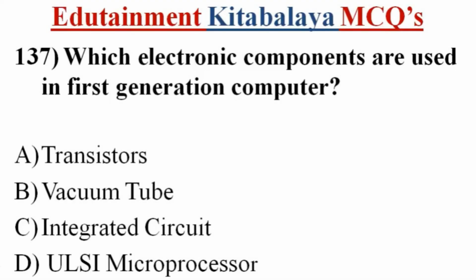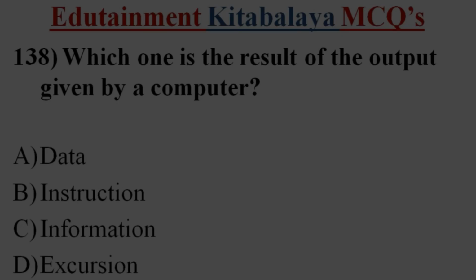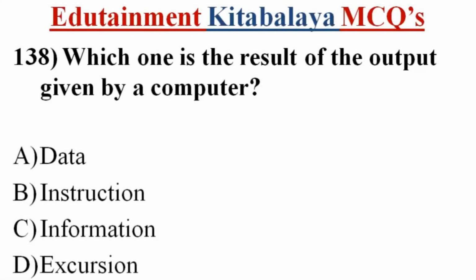Question number 137. Which electronic components are used in first-generation computer? A. Transistors. B. Vacuum tube. C. Integrated circuit. D. ULC microprocessor. Correct answer is B. Vacuum tube. Question number 138. Which one is the result of the output given by a computer? A. Data.